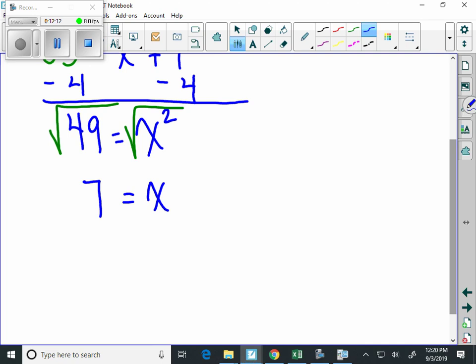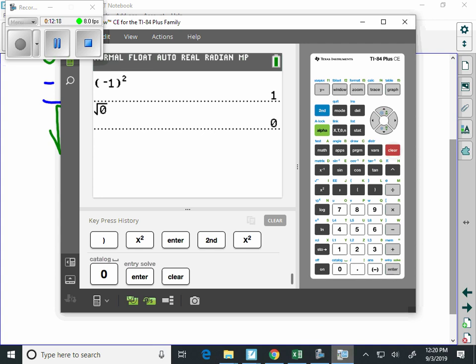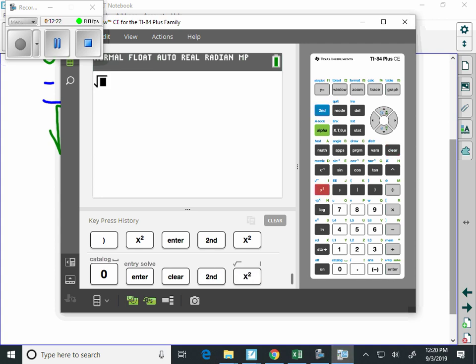If you don't know that, we can pull out our calculator again, and it's going to be second, and then the x squared button. It carries up to use the blue square root symbol above the x squared, and then it's the square root of 49, which gives us 7.